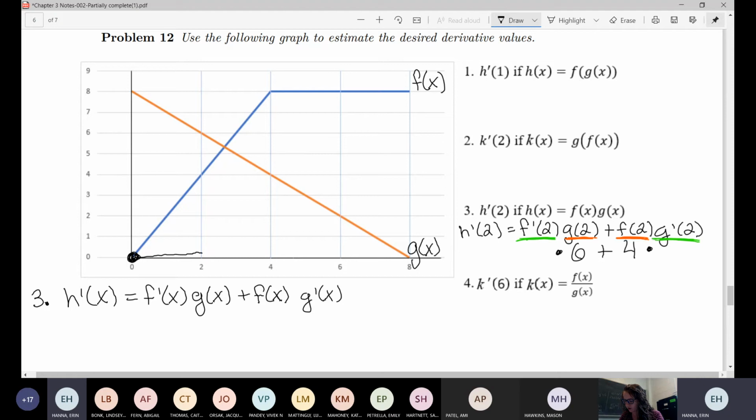If I jump over, I jump up 4, but be careful with the units on the x-axis because that went over by 2. So I went over 2, up 4. So the slope of this line would be 2.